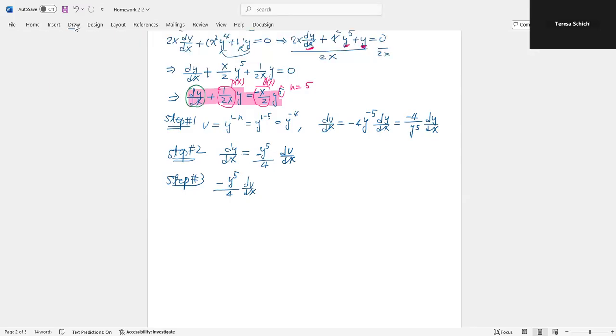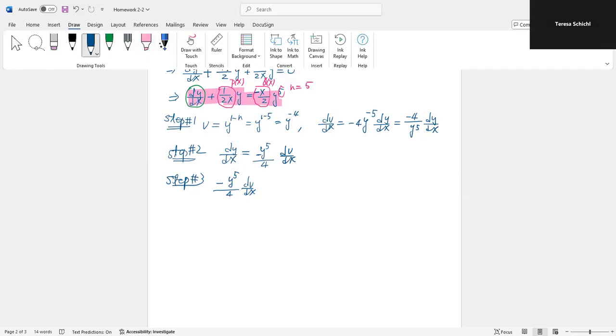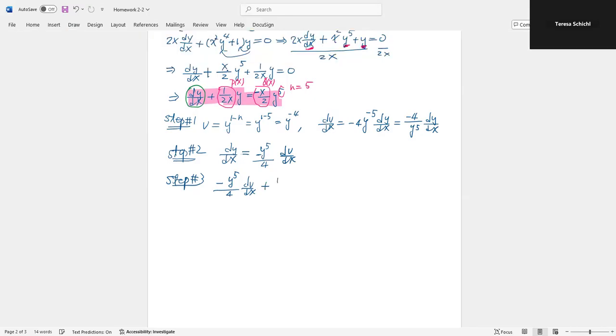So negative y to the fifth over 4 dv/dx plus 1 over 2x y equal to negative x over 2 y to the fifth.